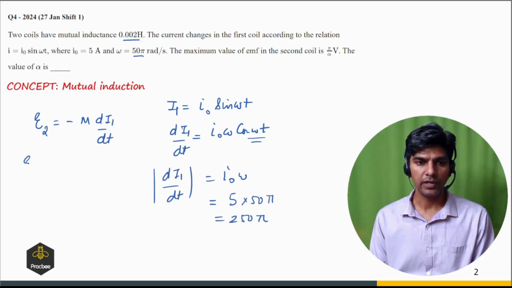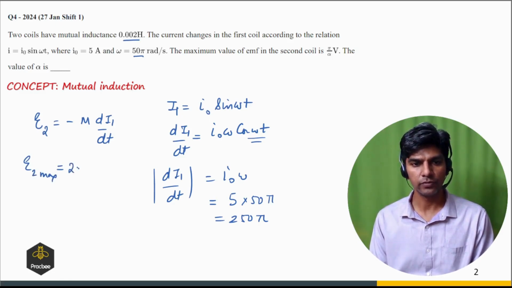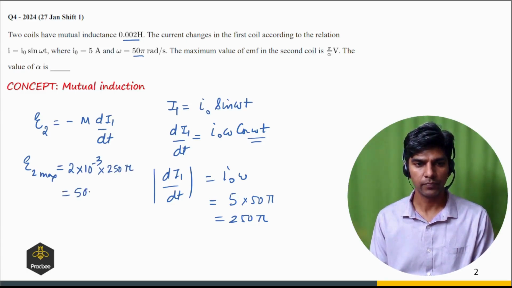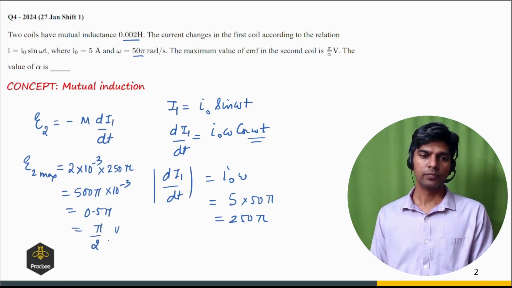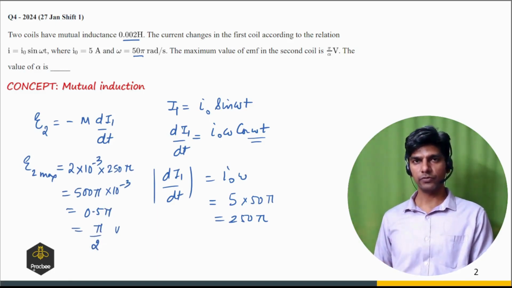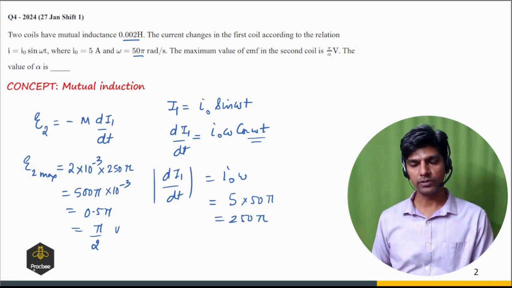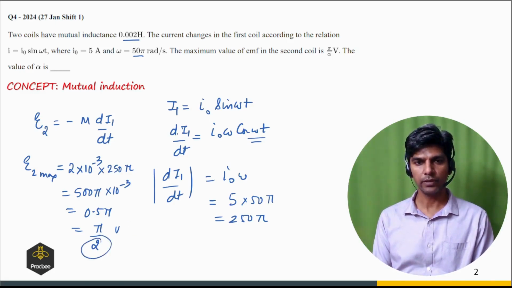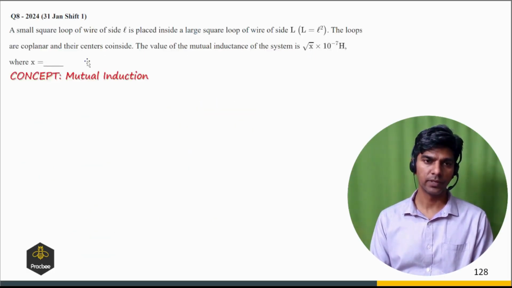So the maximum value E2 max will be m times, which is 2 into 10 raised to power minus 3, the maximum value of the rate of change of current, which is 250 pi. So it comes out to be 500 pi times 10 raised to power minus 3, which can be written as 0.5 pi or pi by 2. So pi by 2 volt is the maximum EMF that can be induced in the coil 2. So alpha will be 2. So 2 is the answer of this question.